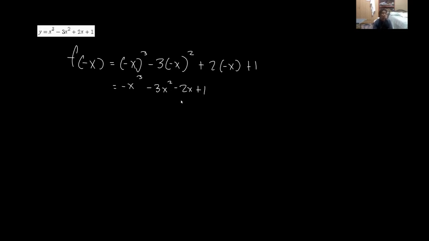Now let's observe. We have x cubed here, and in this one we have negative x cubed. The next term, negative 3x squared, is still negative 3x squared. Here we have positive 2x, and here we have negative 2x. And here we have 1, and here we just have the same 1.